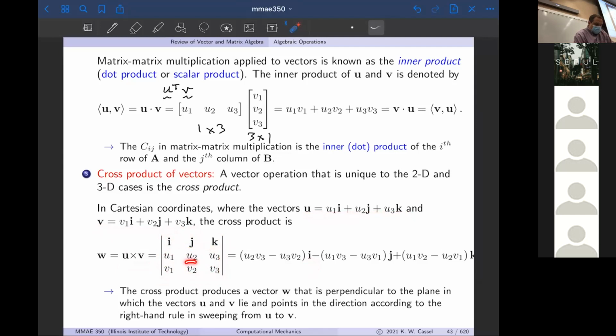So u2 times v3 minus u3 times v2. That's the coefficient of I. The coefficient of j, get rid of these. And then you have this and this together, take the determinant of that. Remember, it's a minus, so minus that determinant. And then similarly for k, get rid of these, take this little determinant, and that's the coefficient of k.